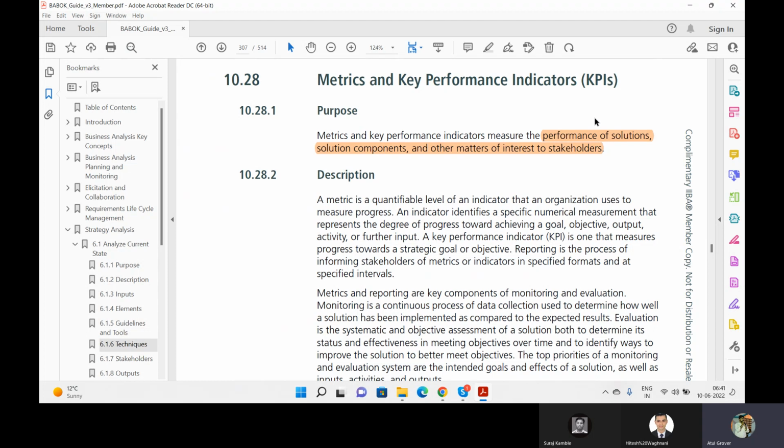Description, what it says: a metric is a quantifiable level. मतलब इसमें आप ये नहीं बोलते कि 2% या अच्छा चल रहा है, नहीं. It shows you the percentage, 2%, 5%, 10%. इसमें मतलब वो words पे खेल नहीं हो सकता आपका.